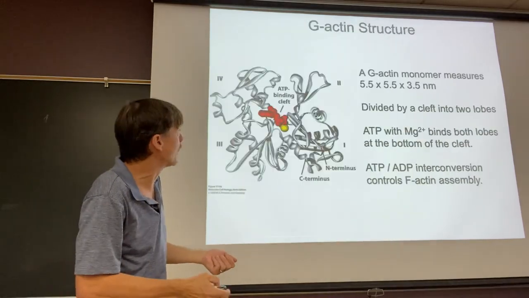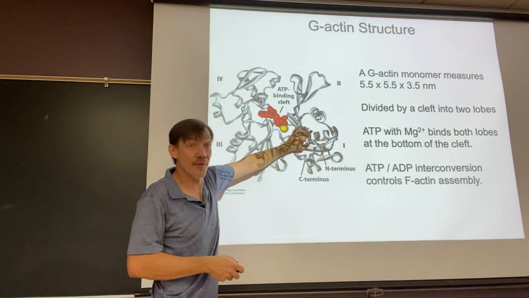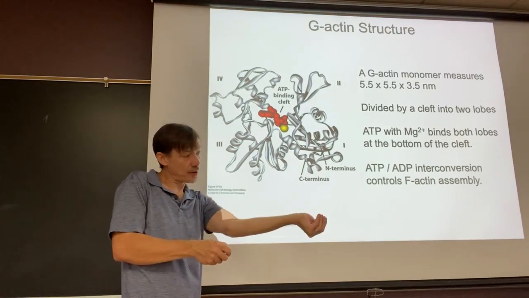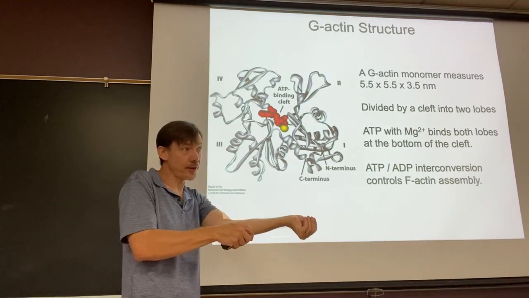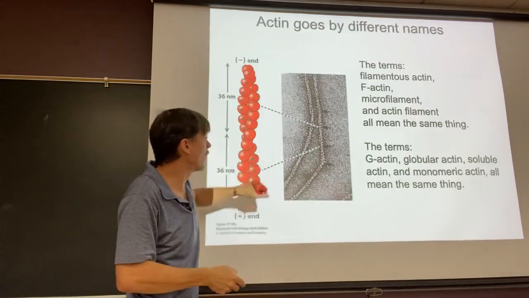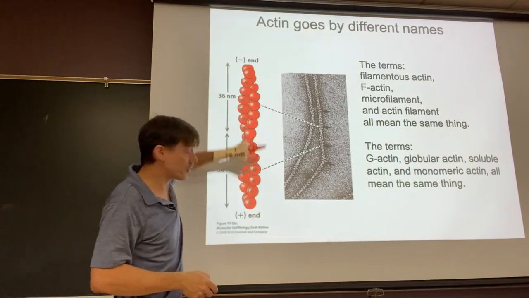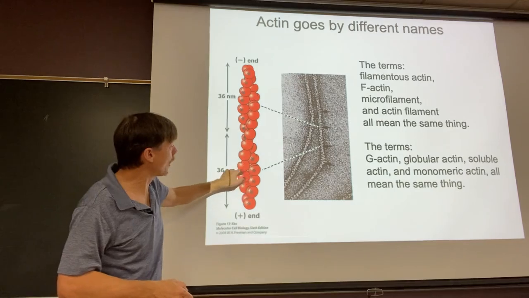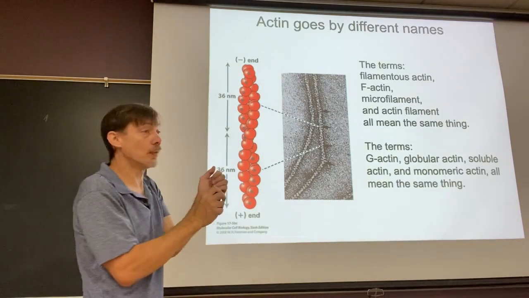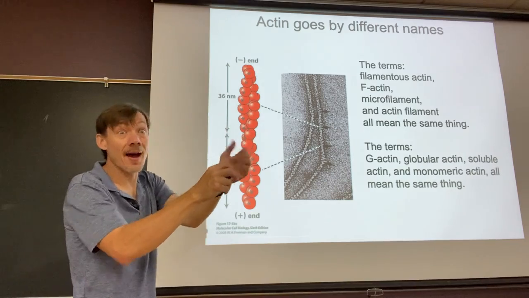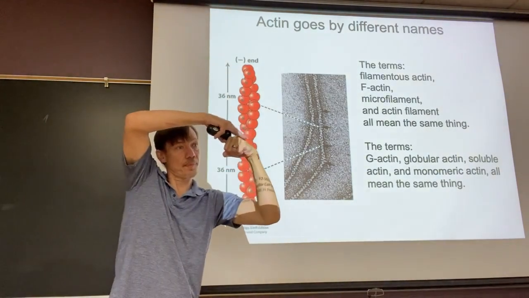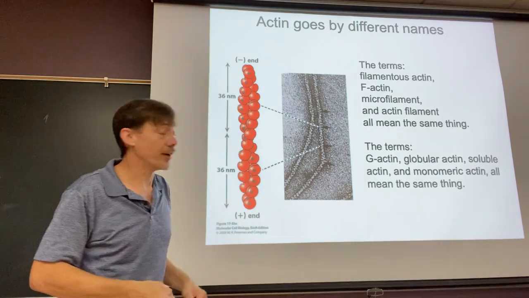So you can think of actin as a protein that has a little cup on the inside, and ATP is going to sit in that cleft. And when we look at the filaments, we can see that the cleft points in the same direction, with the region where ATP can get in and out at the minus end, and then the backside at the very front here.